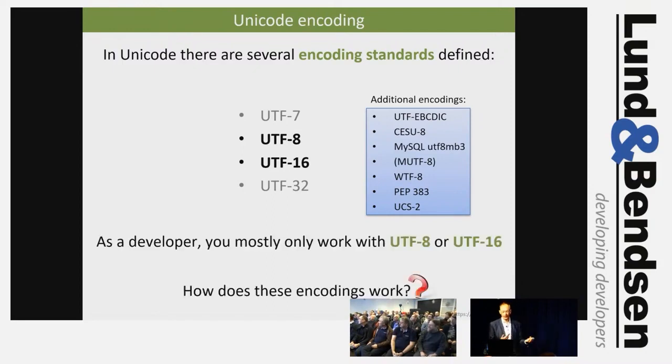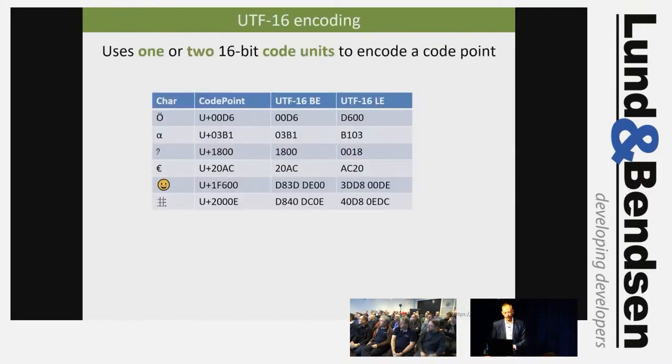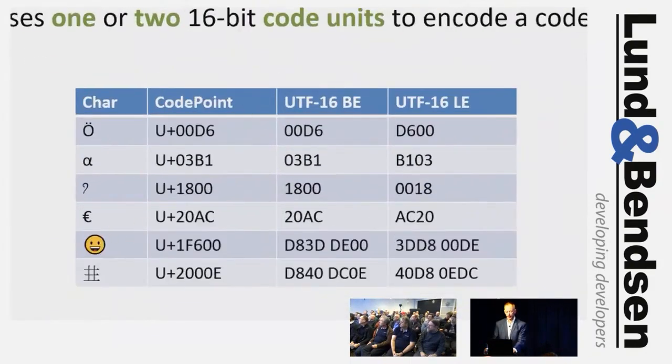So how do these encodings work? Well, in UTF-16, as we see on this map here, we use either 2 bytes or 4 bytes per character, or 1 or 2 chars in Java or C#.